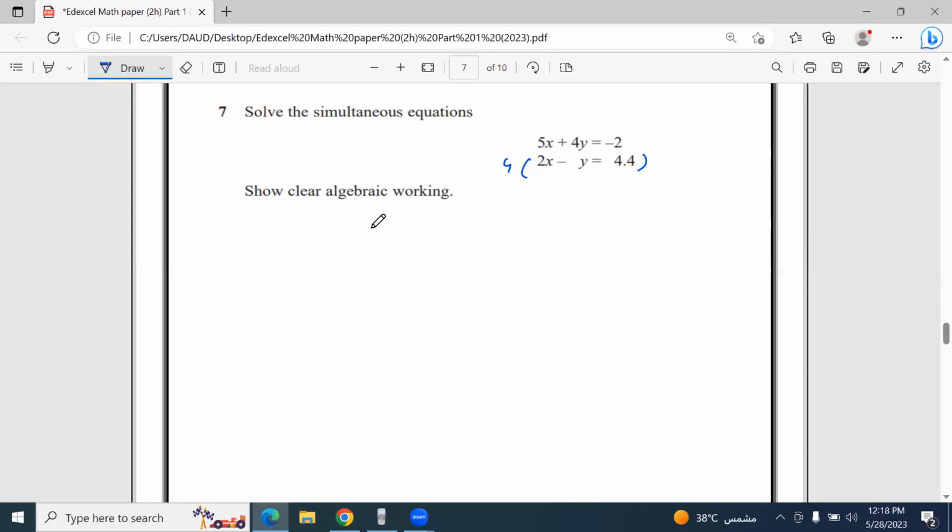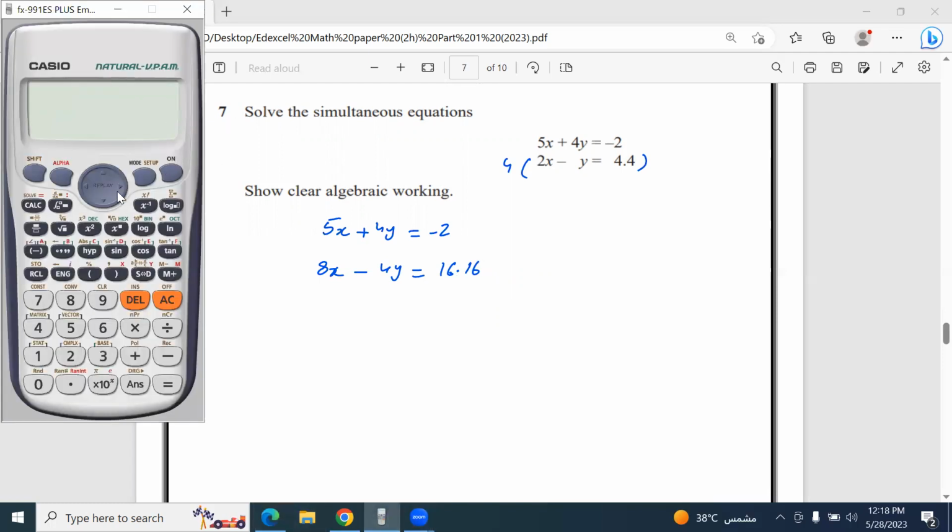The first equation stays the same, 5x plus 4y is equal to minus 2. And if you multiply 4 with the second equation, it gives us 8x minus 4y is equal to 16.